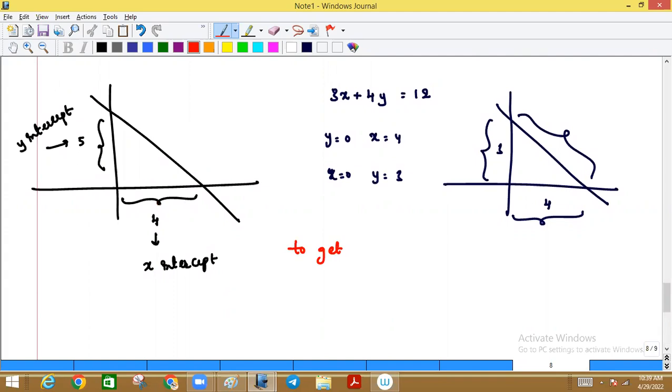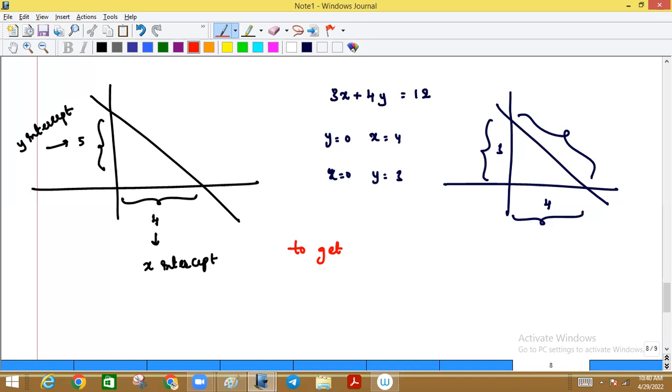To get x-intercept, put y is equal to 0 in the given equation.